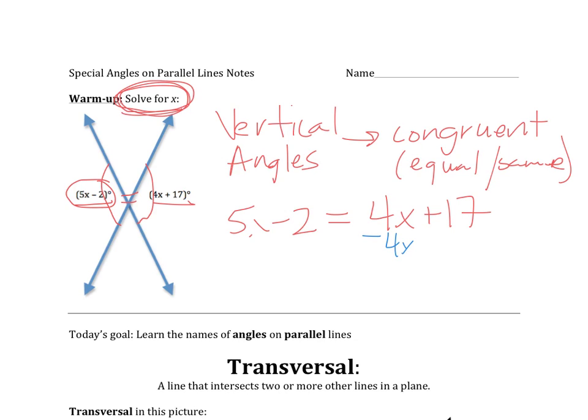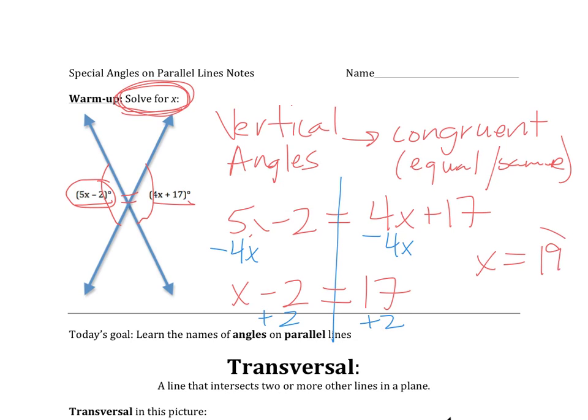So I'm going to do minus 4x on both sides. And when I do that, I get x minus 2 equals 17. And then the next step is going to be to add 2 to both sides. And then I'm going to get x equals 17 plus 2, which is 19.